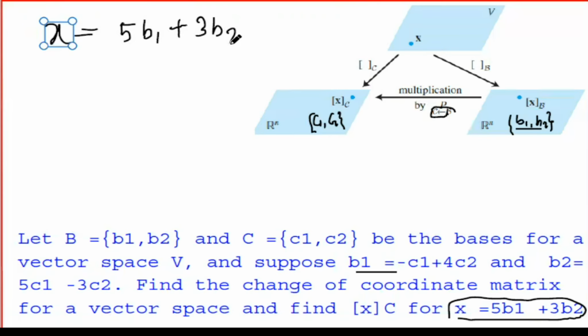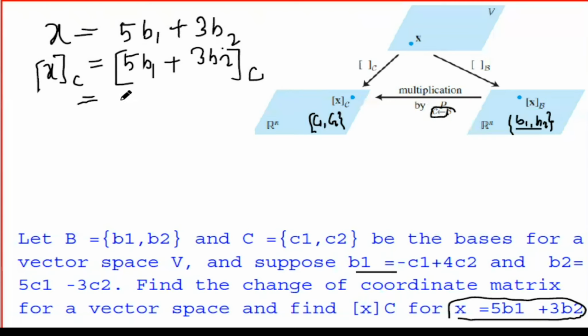So the C coordinate of the vector X can be written as 5 times the C coordinate of b1 plus 3 times the C coordinate of b2. We have already found the C coordinates.